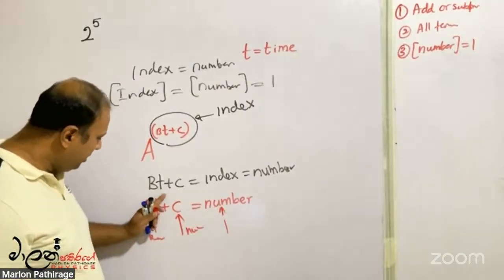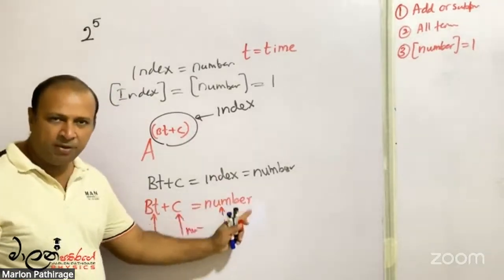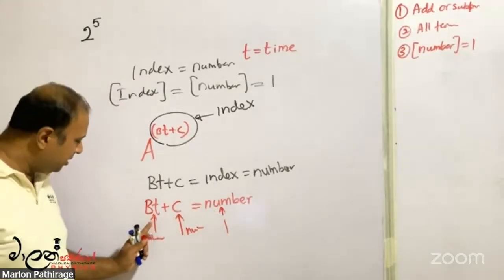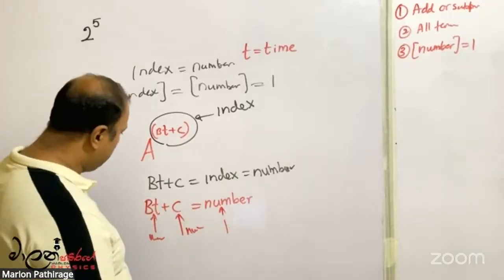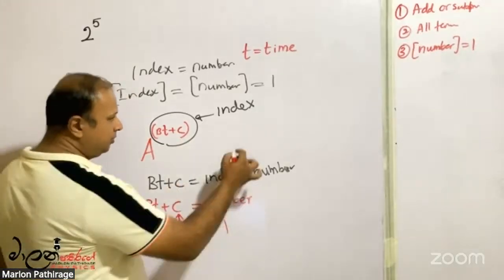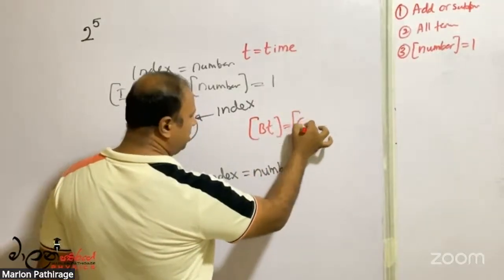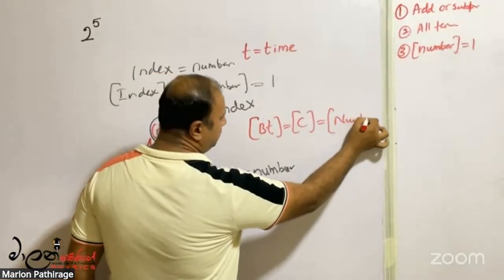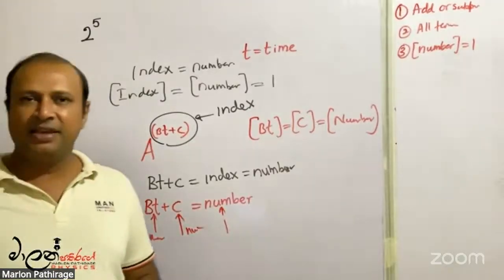Now you know bt plus c is a number, so this term also must be a number. And therefore, according to the second rule, the dimension of bt should be equal to the dimension of c, and it should be equal to the dimension of a number. Is that clear? If it is clear, please raise your hand.